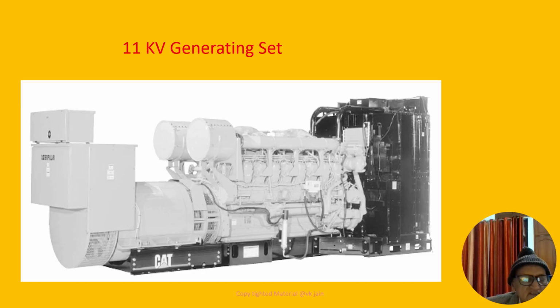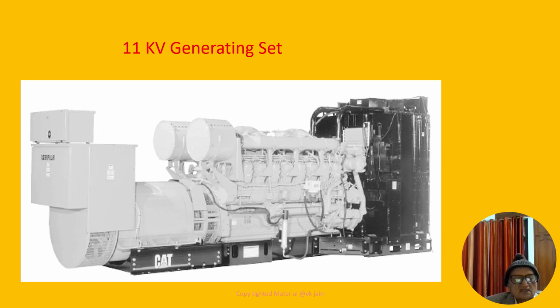11 kV secondary from transformer. Either of the two will be feeding electrical load in the campus. Either means the one 11 kV generating set and the other 11 kV transformer.